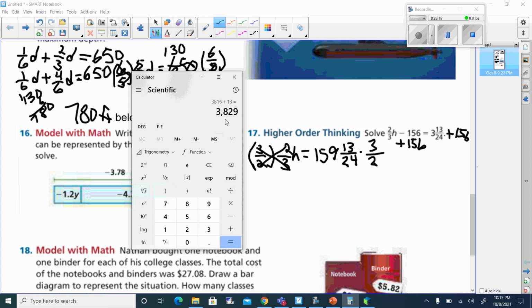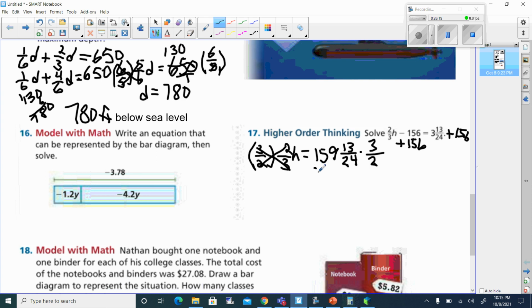That's going to give me 3,829. 3,829 over 24. Remember, this is all equal to h. And then, remember, I'm multiplying that by 3 over 2.